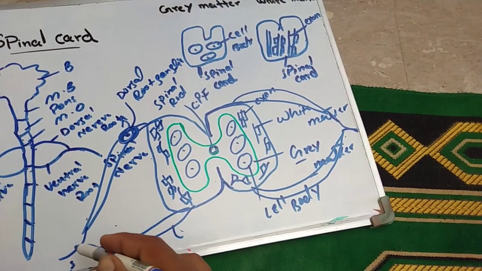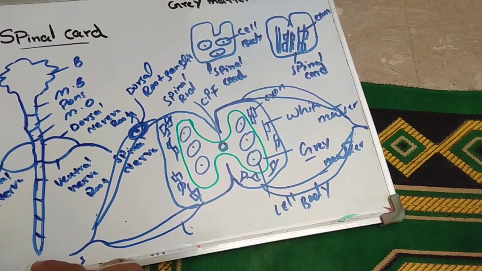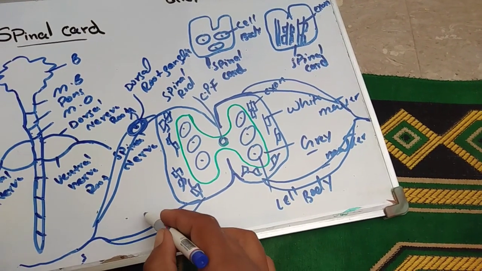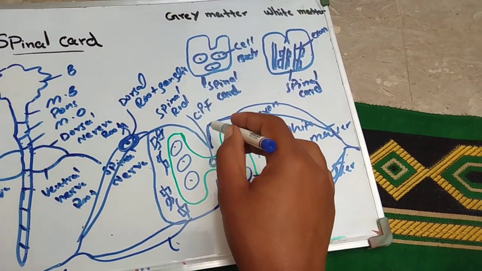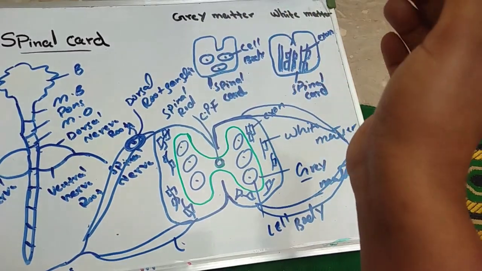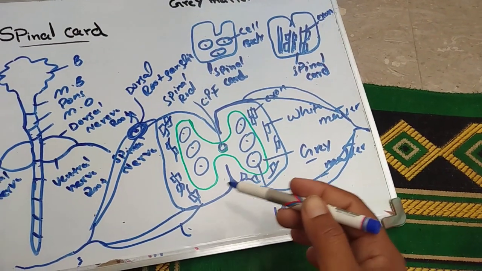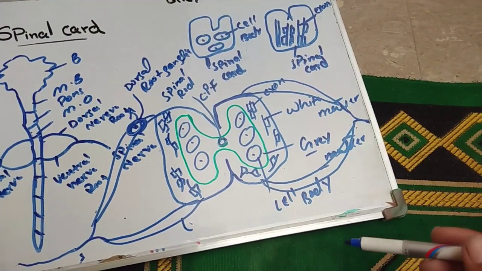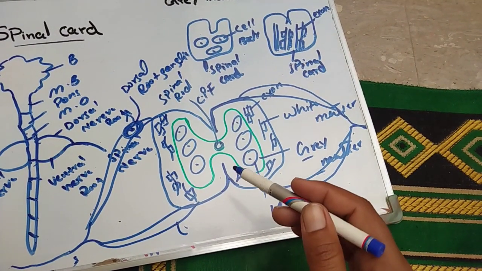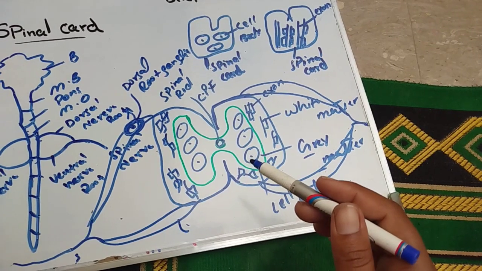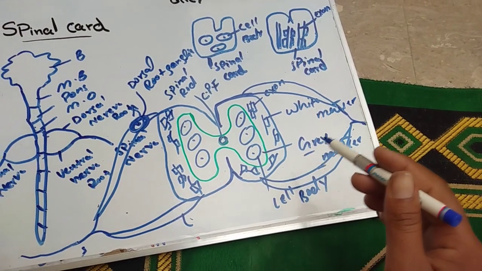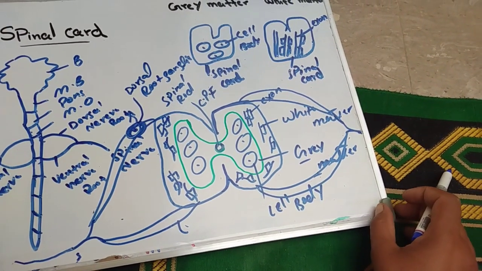Body nerves are attached to the spinal cord, and the spinal cord transfers these nerve messages toward the brain, so this is the track between the brain and the body. Another function is reflex action. In the next video I explain what the reflex arc is.